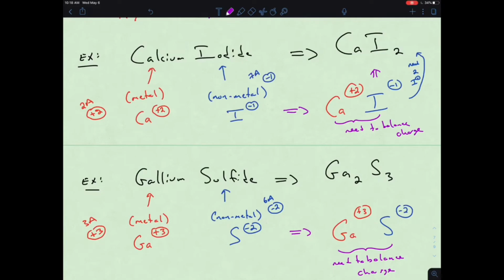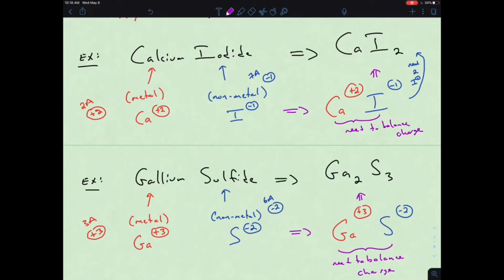So now we have, for the 2 galliums, a total of +6. From the 3 sulfides, we have a total of -6, and so now we are actually balanced. So that's looking at binary inorganic molecules, just looking at 2 elements that make up the molecule, 1 metal, 1 nonmetal.